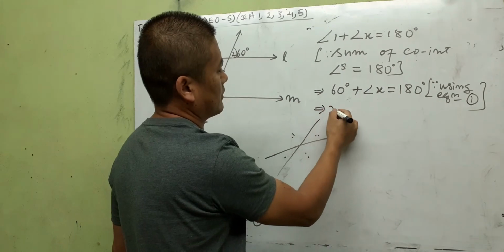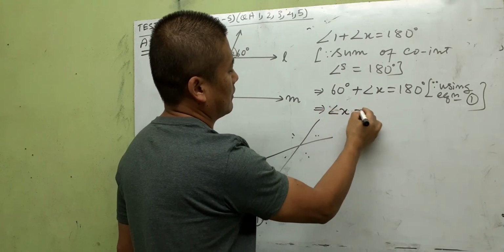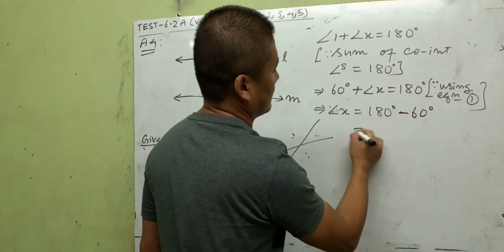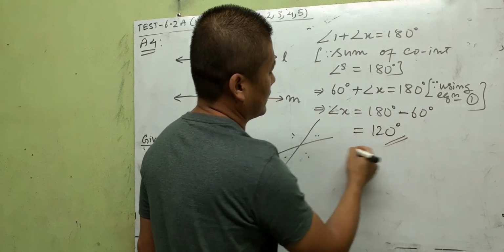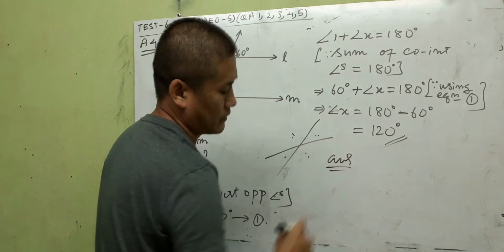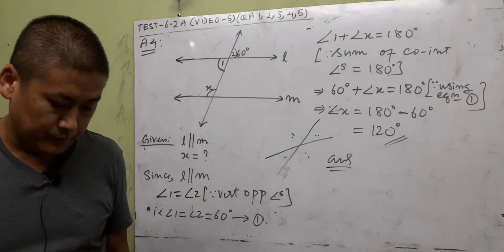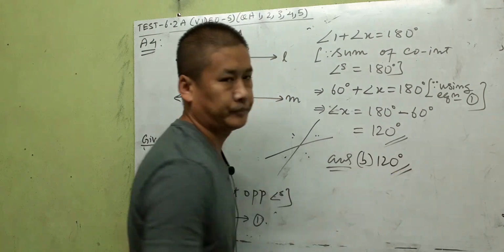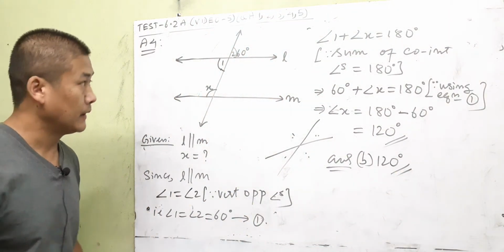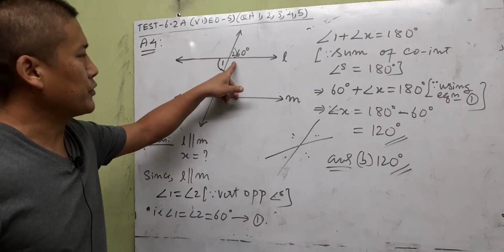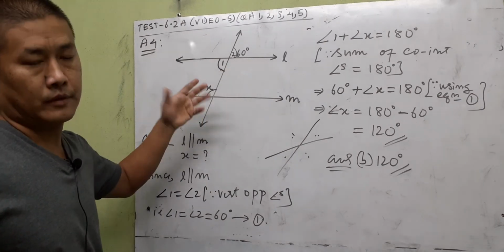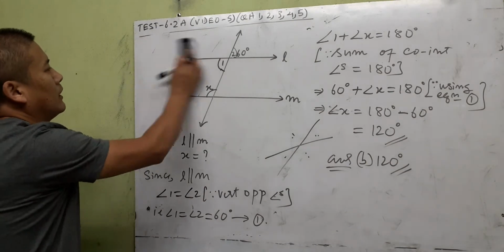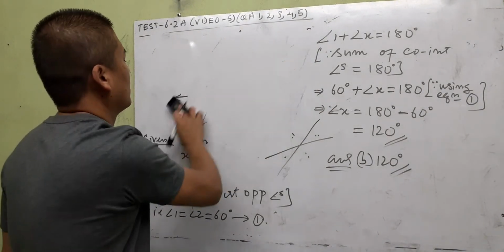So that implies angle x is 180 degree minus 60 degree, so that will be 120 degrees. So the answer choice that matches this one is B. So that is 120 degree. Hope you're getting it. You can do it like this also and make it alternate also. Same thing only, but I've done this way, okay? You can do by any method you like.